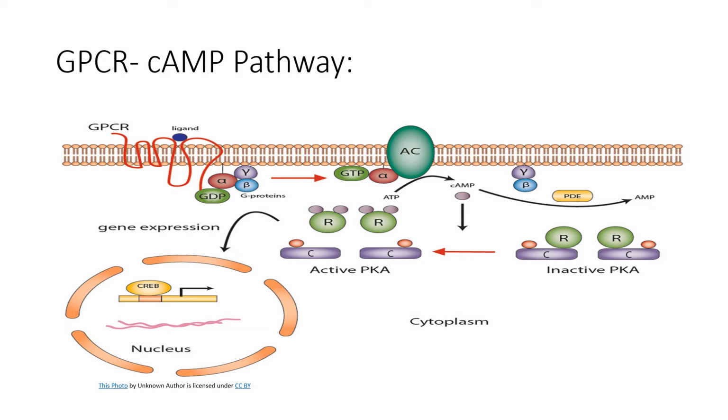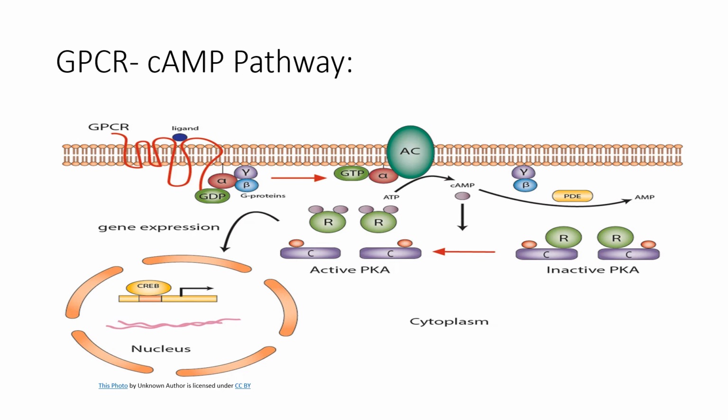This adenylate cyclase, or AC, converts ATP into cyclic AMP, and cyclic AMP can be converted into AMP by the action of PDE, or phosphodiesterase. So when ATP is converted into cyclic AMP by adenylate cyclase, more and more cAMP molecules are produced. Then what happens?